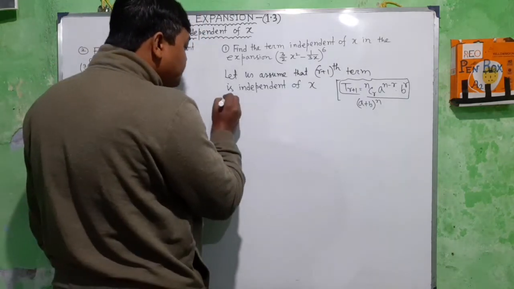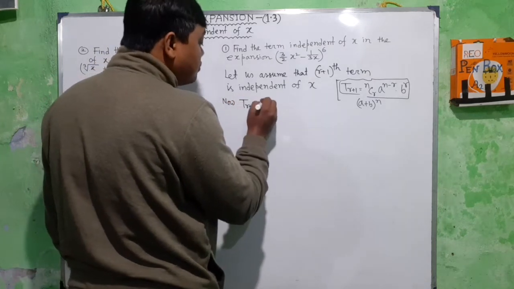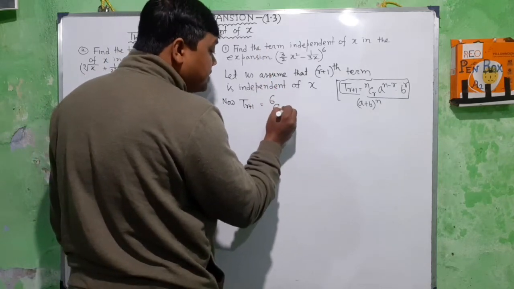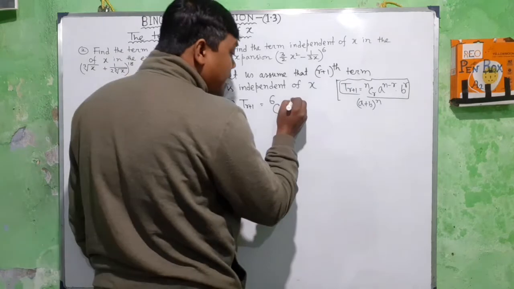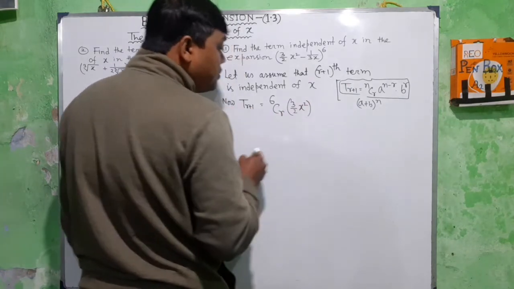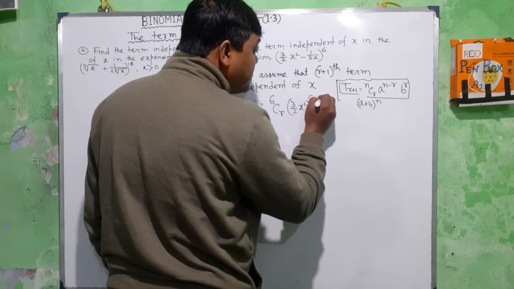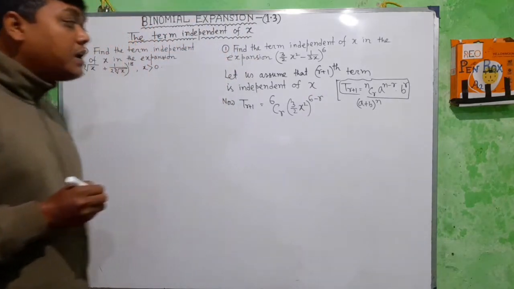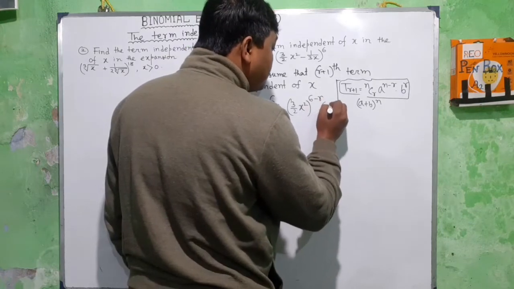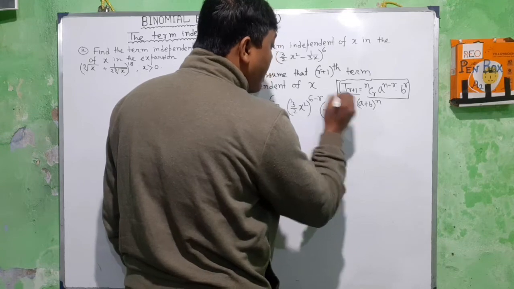Now T(r+1) = 6Cr, since n = 6, and here a = 3/(2x²), that is 3/2 into x² whole to the power n − r, which is 6 − r, into b. Here b means −1/(3x) whole to the power r.